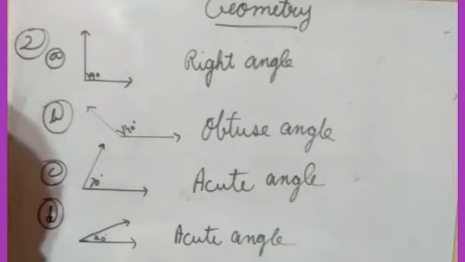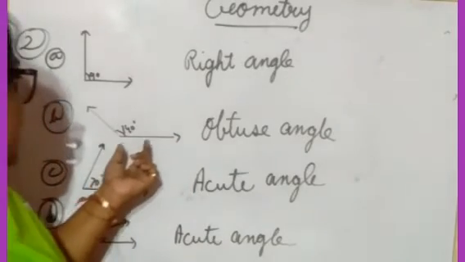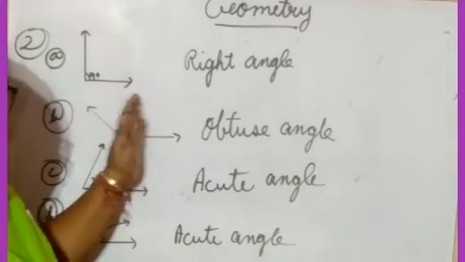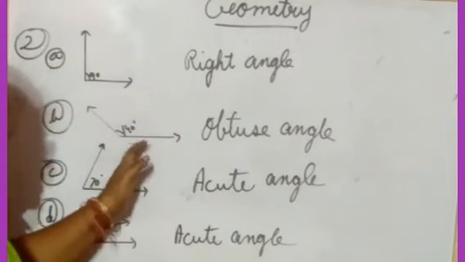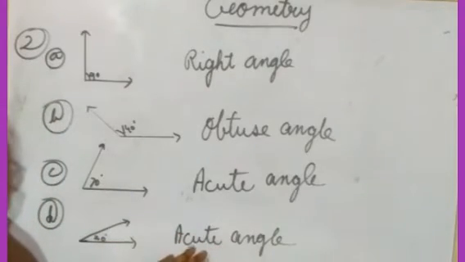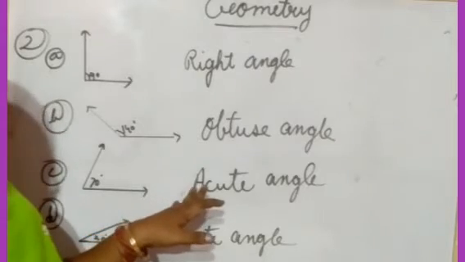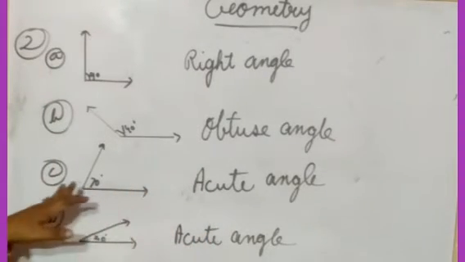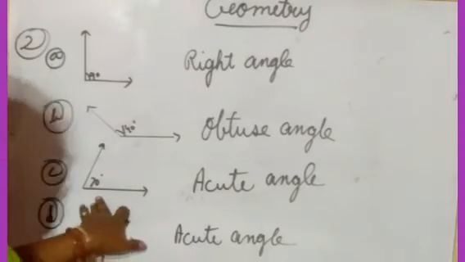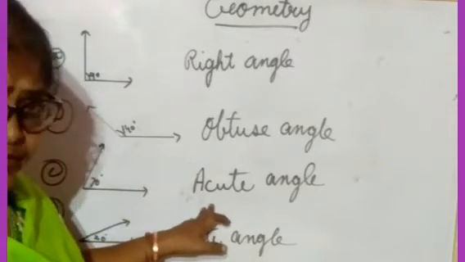So what have you seen? In a right angle, the measurement is always 90 degrees. In an obtuse angle, the measurement lies between 90 and 180 degrees. And an acute angle's measurement is between 0 and 90 degrees. Here the measurement is 70 degrees, between 0 and 90, so it is an acute angle.